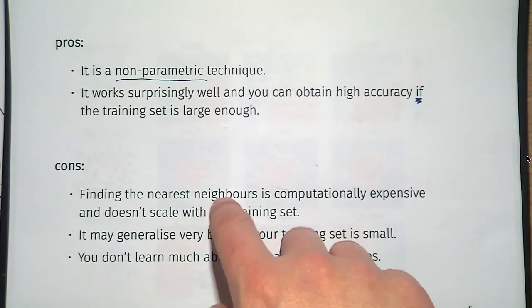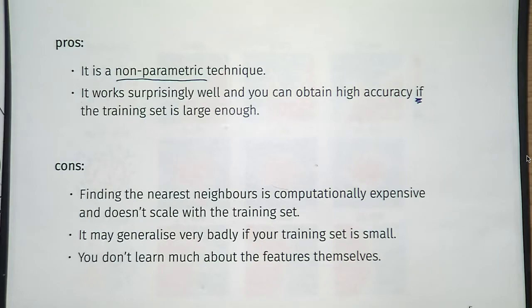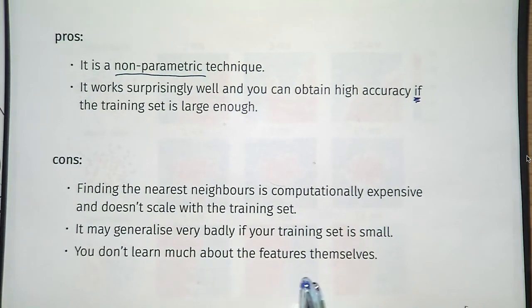The second point is that it's actually quite costly to compute. If you have a training set with millions of points, then it becomes totally impractical. And the last point is that you don't learn much about the features themselves.